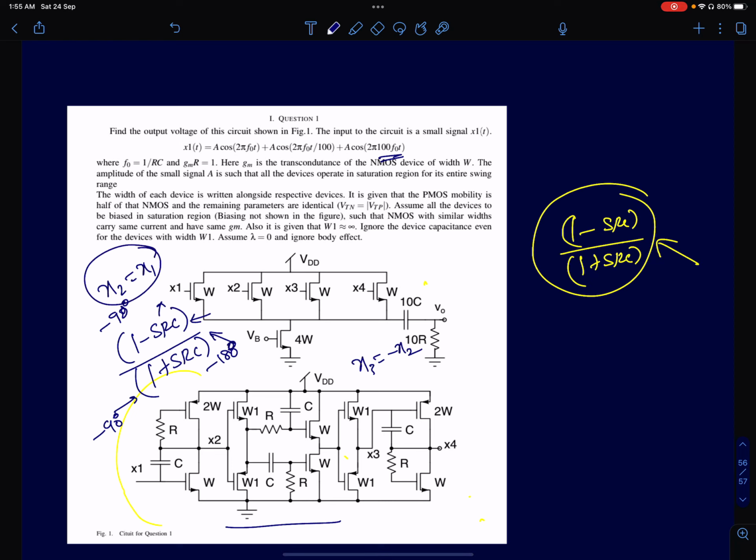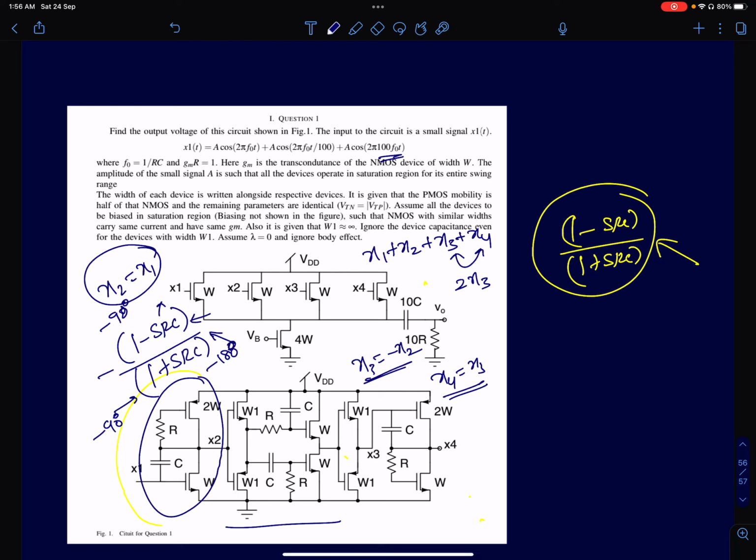So X1 is X2, X3 is minus X2, and X4 is again equal to X3 for similar reasons. It's the first amplifier. The transfer function is minus of 1 by SRC by 1 plus SRC. X3 will be equal to X4. So using this, I can write it as X1 plus X2 plus X3 plus X4. Remember, X4 and X3 are the same, so I can write it as 2X3. And X1 and X2 are the same, so I can write it as 2X1, 2X2.